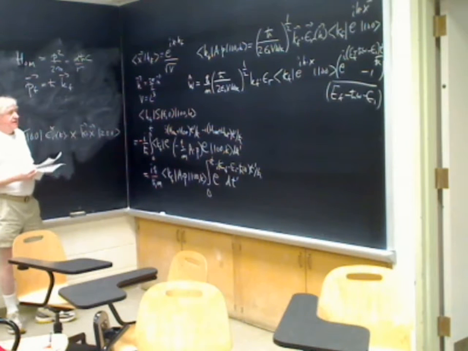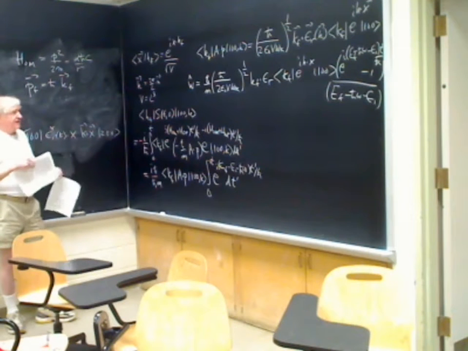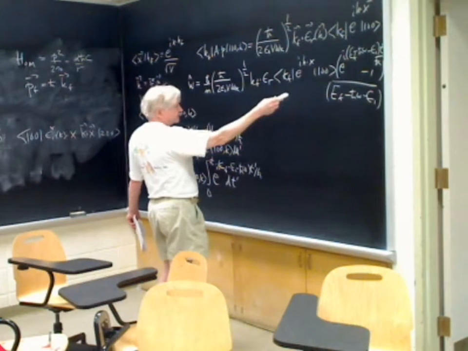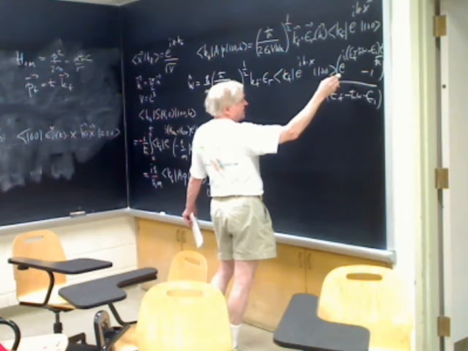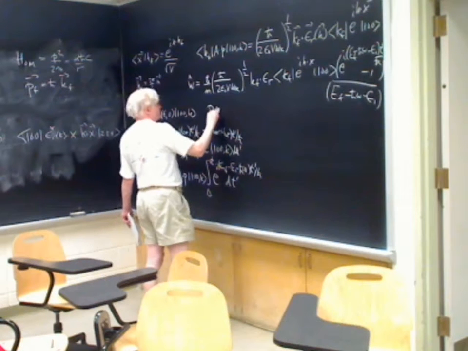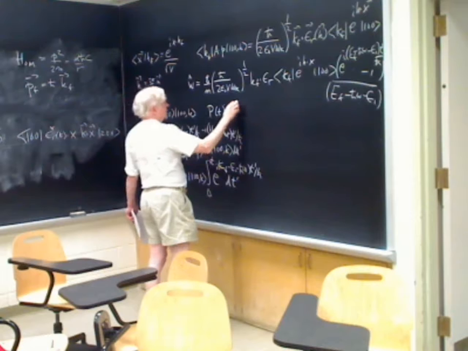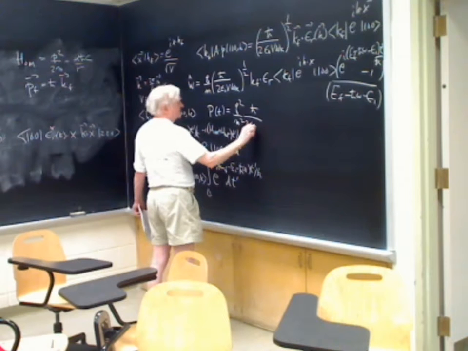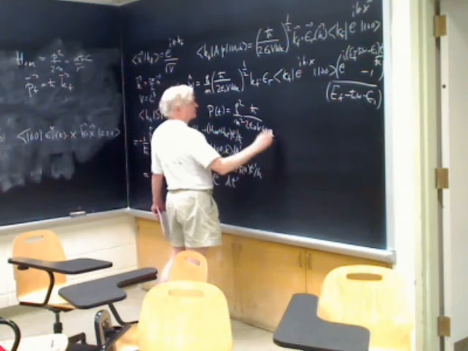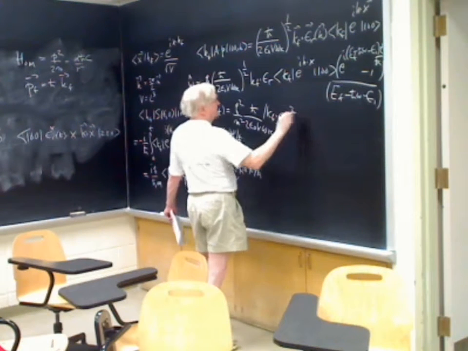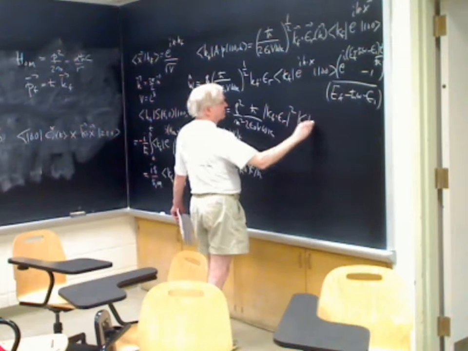And when we take the square of that thing, that's going to kick out a factor of 4, and then it's going to be a sine squared over an energy denominator squared. So P of T is going to be q squared over m squared, h bar over 2 epsilon 0 V omega k, times the absolute value squared of this matrix element, kf dot epsilon r.